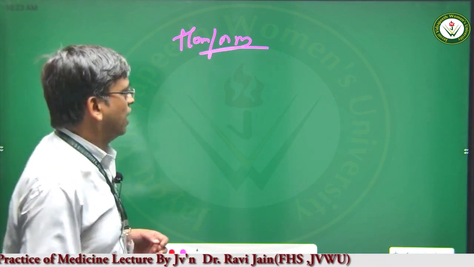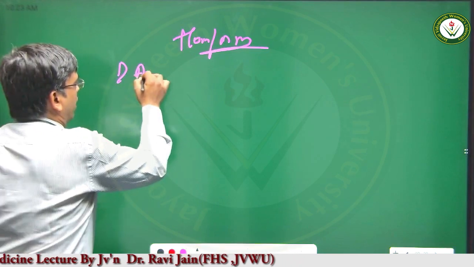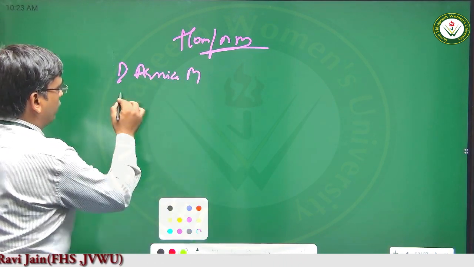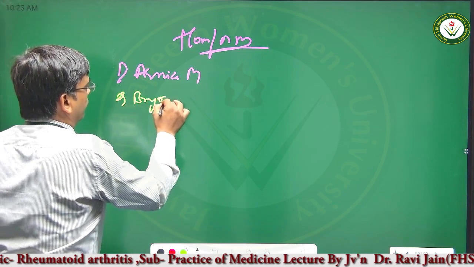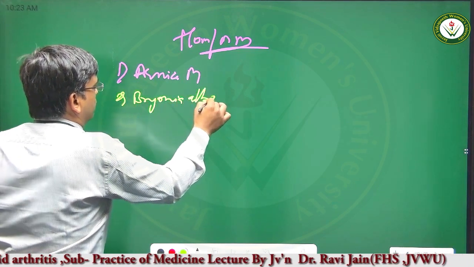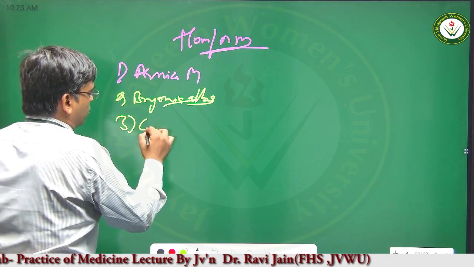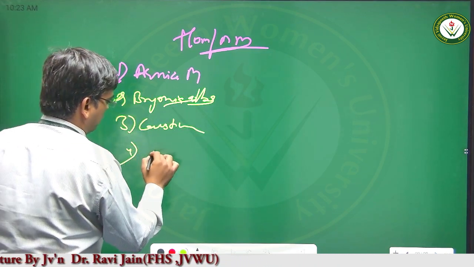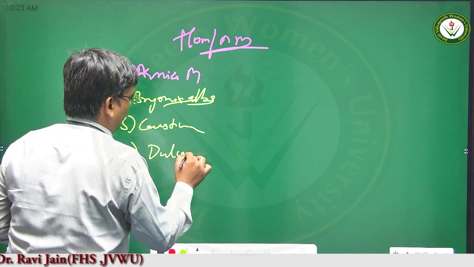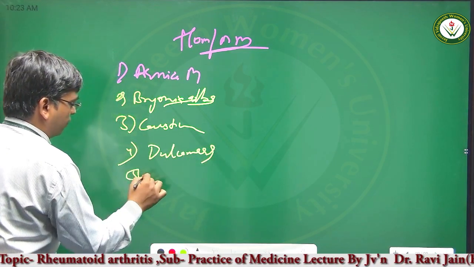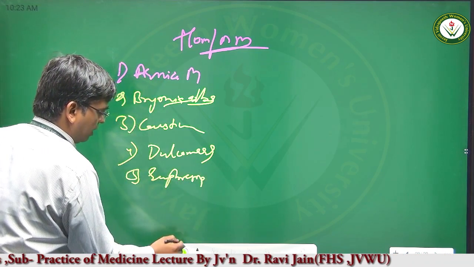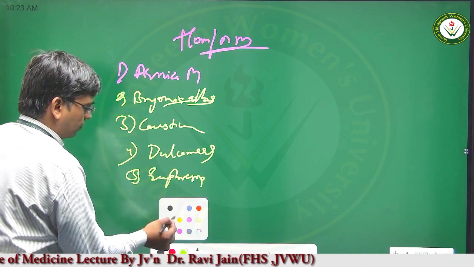So the homeopathic management includes various medicines like Arnica montana for pain relief. We have Bryonia alba. We have Dulcamara. We have Euphrasia for the eye complaint. Whenever there are dry eyes, we can give Euphrasia.